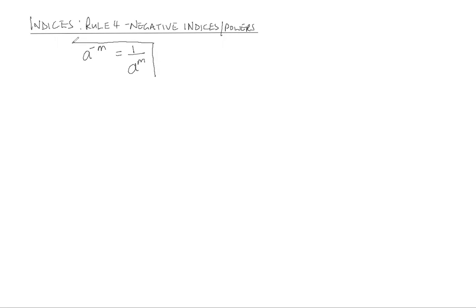Okay, so it means if we've got a negative power, the negative power changes to become positive, and then instead of appearing at the top, it now appears at the bottom. So another way of explaining this is that any monomial that consists of a negative power is equivalent to the reciprocal of that monomial.